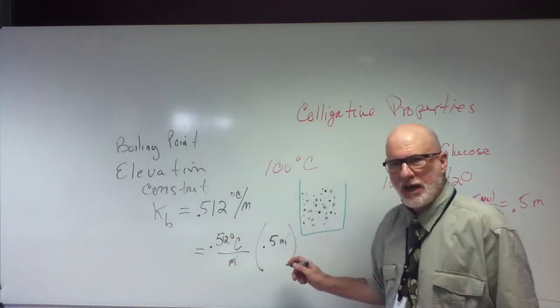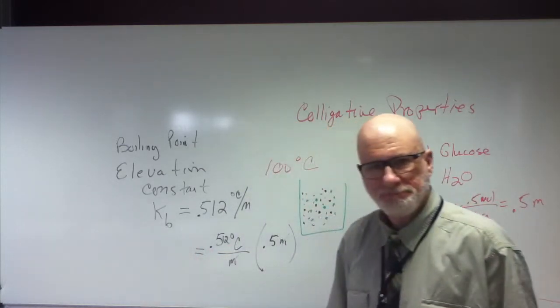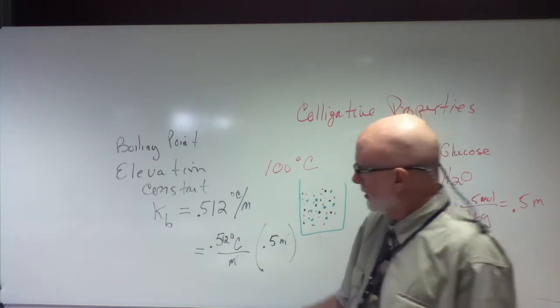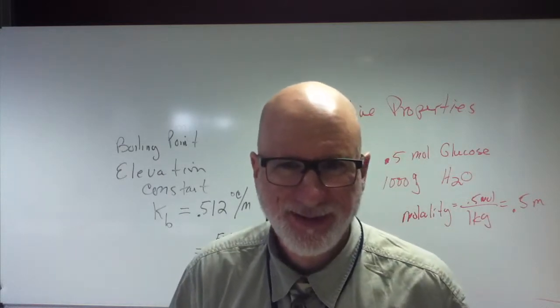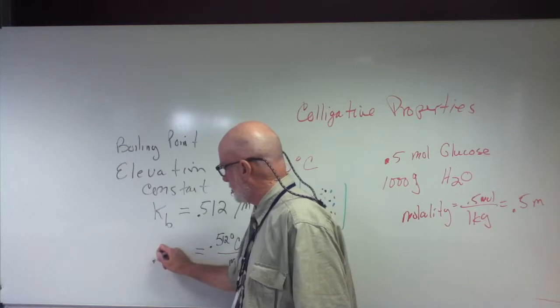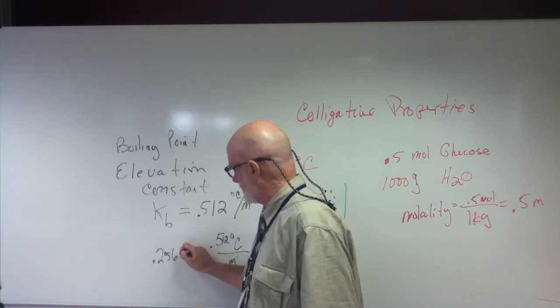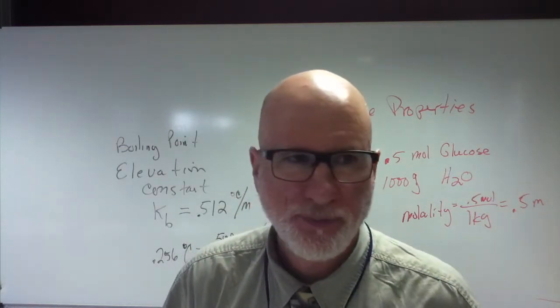What is 0.5 times 0.512? You have a calculator, or you can actually do it in your head. What's half of 512? 0.256, correct? So 0.256 degrees Celsius.